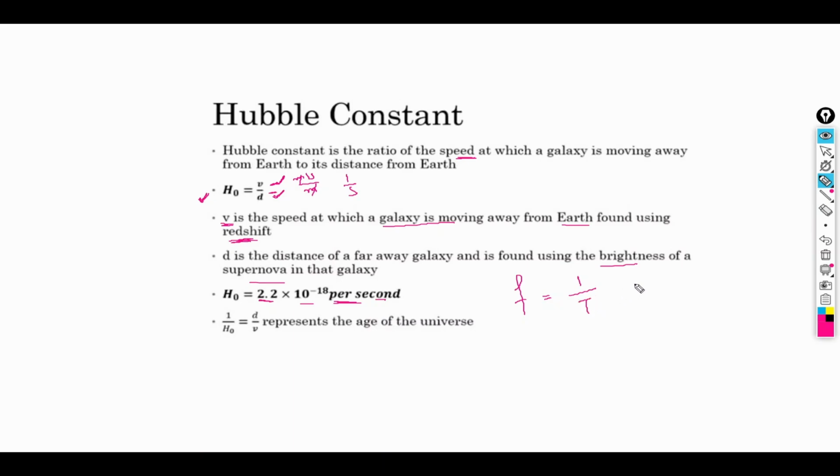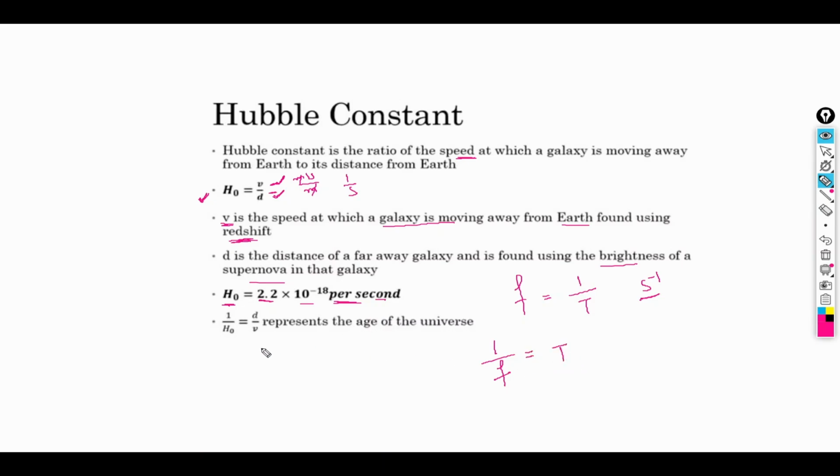Okay, so its unit is also per second, second inverse. We can say this is equivalent to the unit of frequency. So if you write this as 1 upon f, it will be equal to the time period.